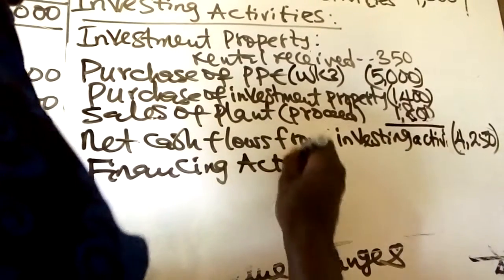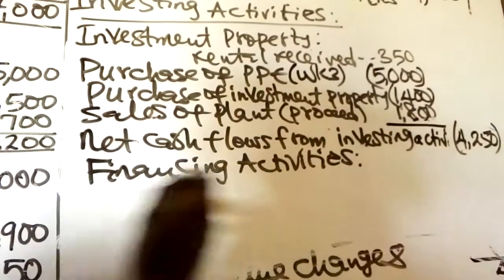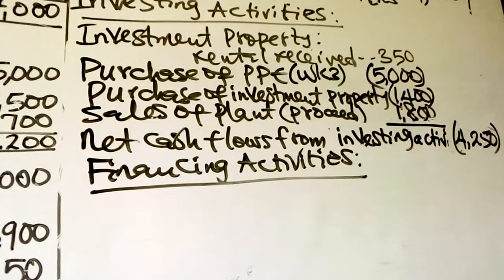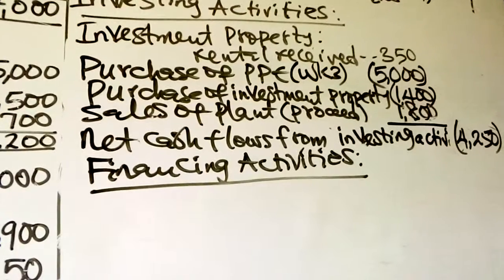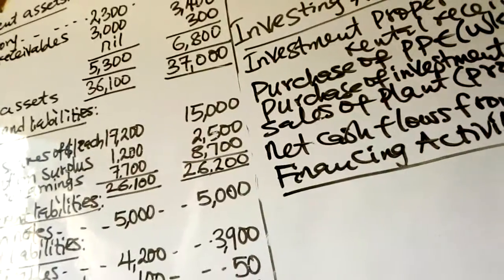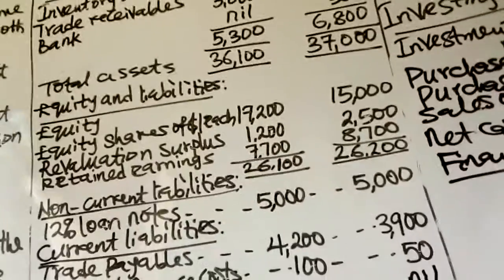Financing activities. I've told you that there are activities that result in changes in the composition of equity and borrowings. That is, whenever you get to financing activities, you check the movement in equity. So you go to the equity section of the statement of financial position.